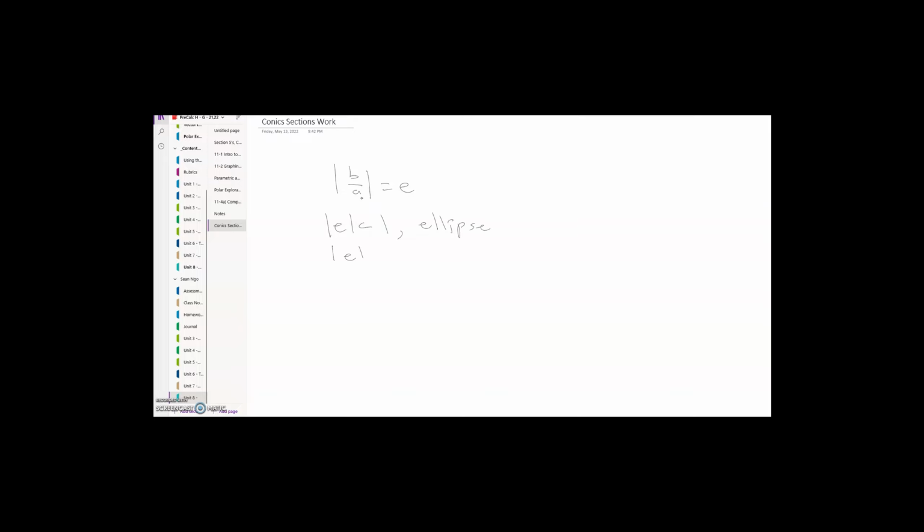When e is greater than 1, the graph forms an open hyperbola with two distinct sides. And when e is equal to 1, the graph forms a parabola.